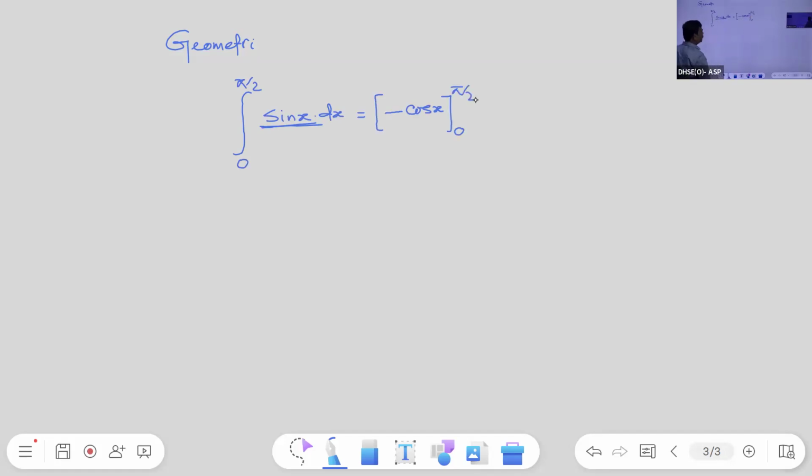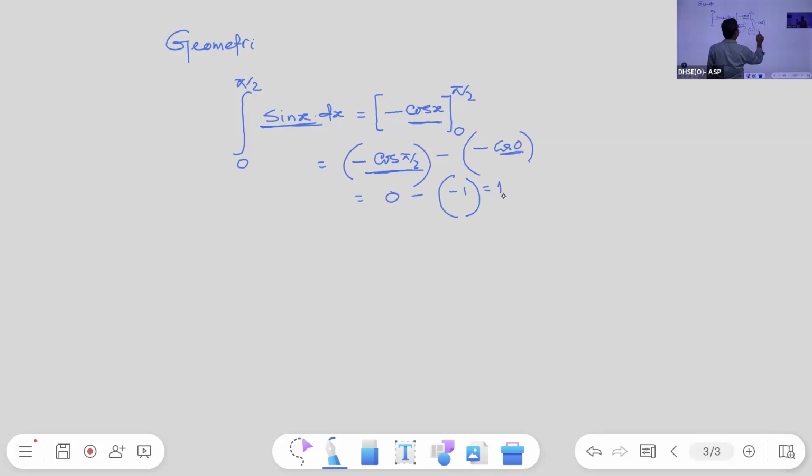The upper limit is pi over 2. The lower limit is 0. So this is equal to minus cos of the upper limit minus minus cos of the lower limit: minus cos pi over 2 minus minus cos 0. The value of cos pi by 2 is 0. This is equal to 0 minus cos 0, which is minus 1. Minus of minus 1 is plus 1.